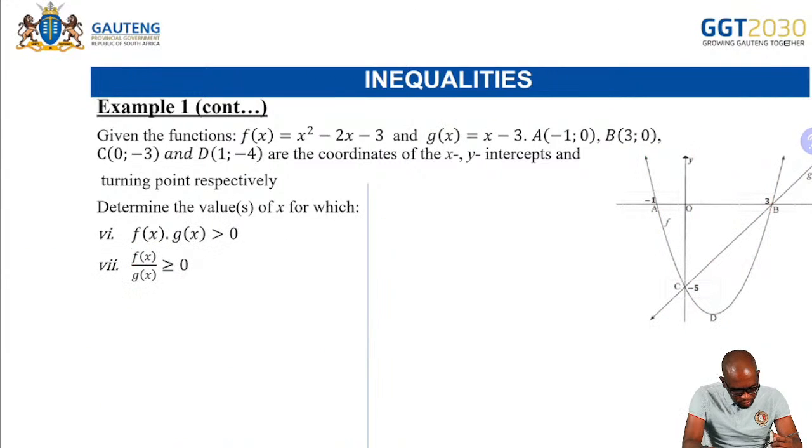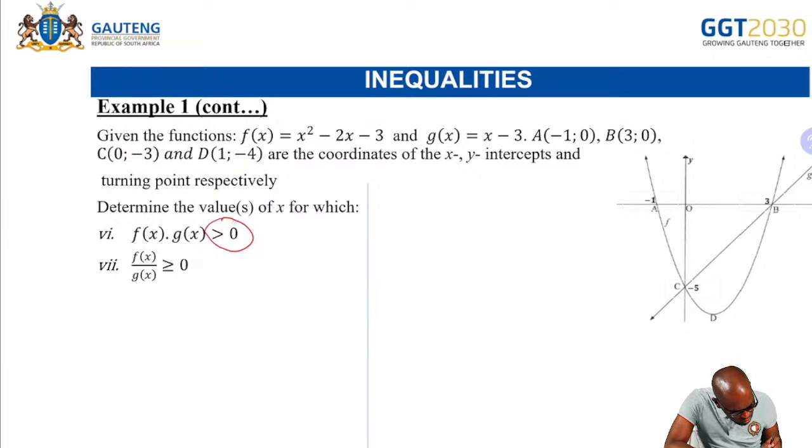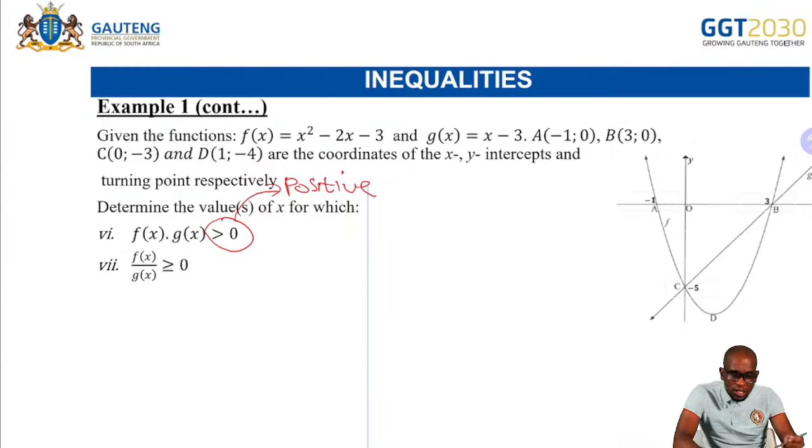Here they are saying f times g is greater than or equal to 0. Remember, this greater than or equal to 0 means positive.